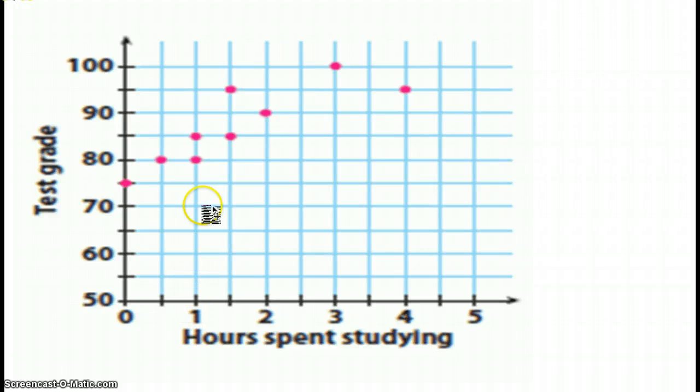Here are your two 1-hour grades, 80 and 85. Your 1.5-hour grades, 85 and 95. Your 2-hour grade, 90. Your 3-hour grade, 100. And your 4-hour grade, a 95 as well. Okay, so I hope you were able to graph those exactly the way we have them there.